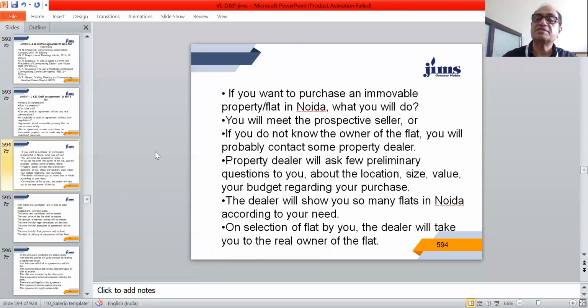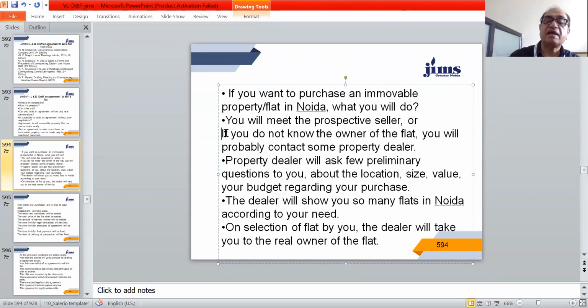I am giving you one illustration, dear students. If you want to purchase an immovable property like your flat in Noida, what will you do? You will meet the prospective seller, or if you do not know the owner of the flat, you will probably contact some agent or property dealer.